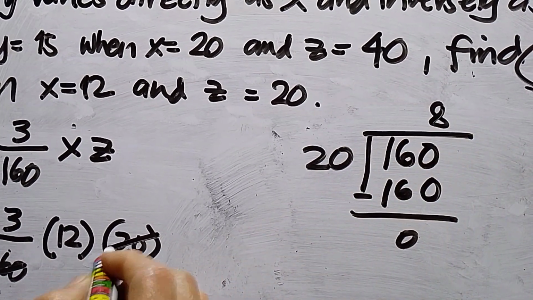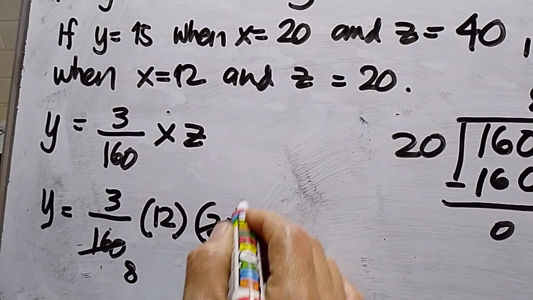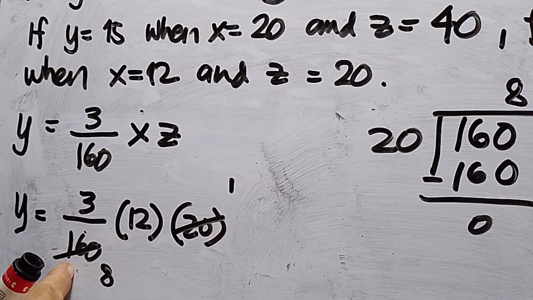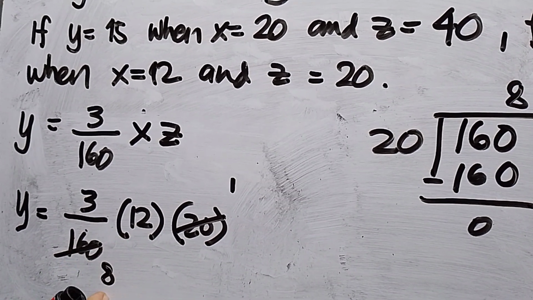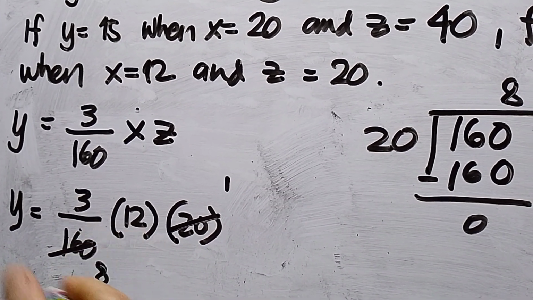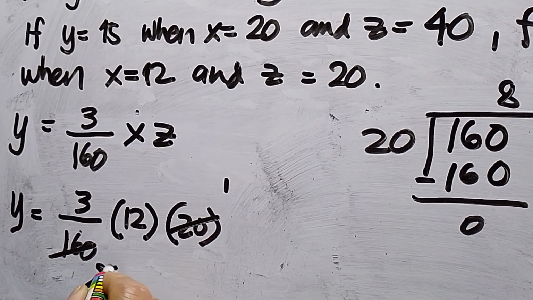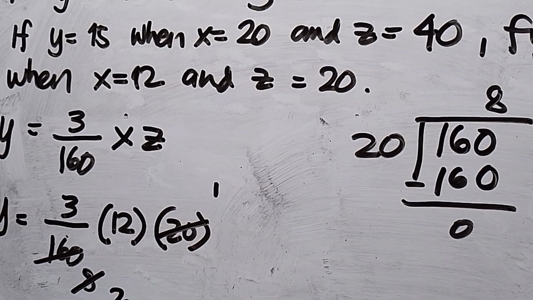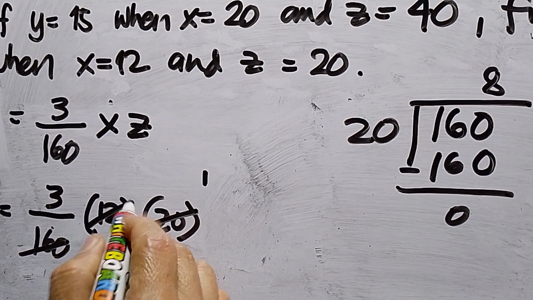So this will be 8, and this is 1, because we divide this one by 20. Then we have 8 and 12, so we can divide both by 4. 8 divided by 4 is 2, and 12 divided by 4 is 3.